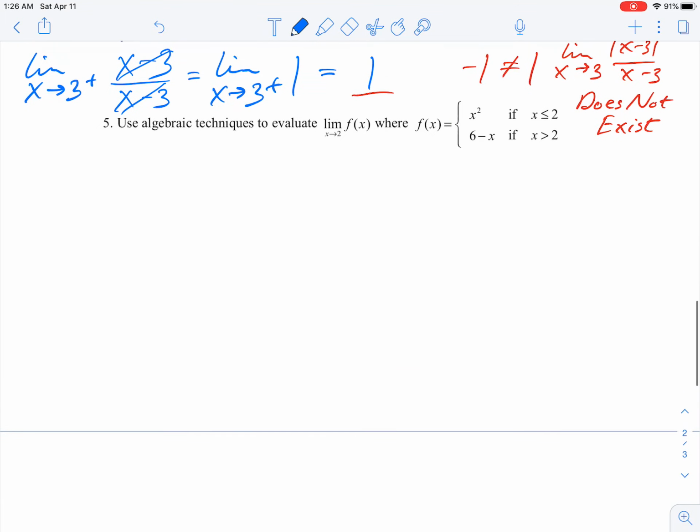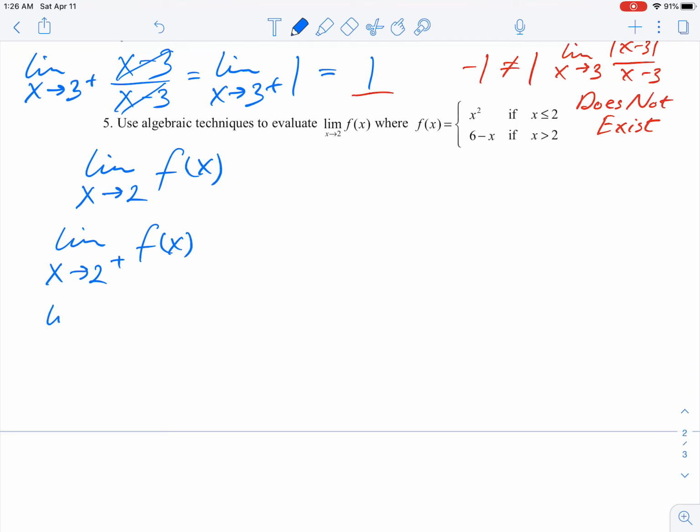The next one's a little bit happier. You know that this limit exists. You've already done it. It's again piecewise, and it'll just be another opportunity to consider the behavior. So we'll say we're going to look at the limit as x approaches 2 of f of x, and we're going to evaluate that by doing the limit as x approaches 2 from the right of f of x, and the limit as x approaches 2 from the left of f of x.